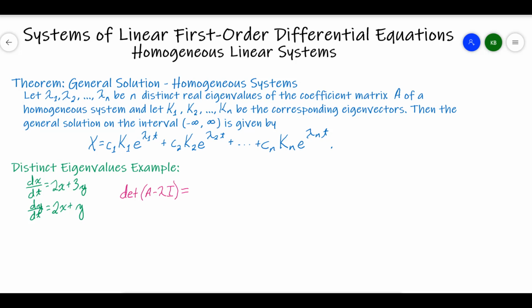Now, our A matrix, remember, is our coefficient matrix. So this is going to be the determinant of our A matrix, which is 2, 3, 2, 1. Those are our coefficients on our differential equations.